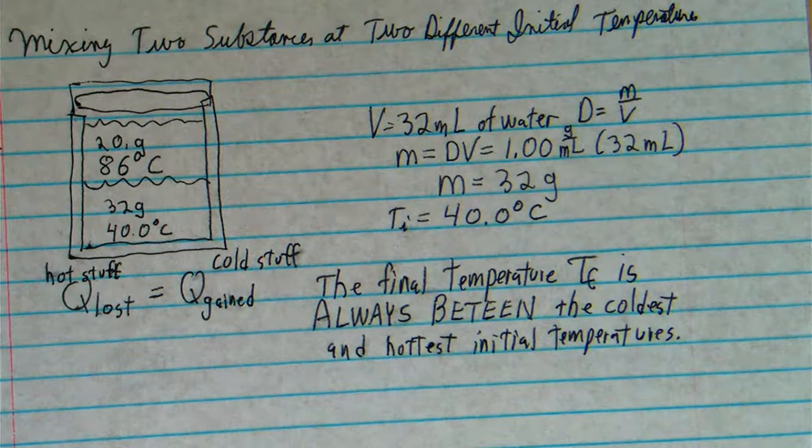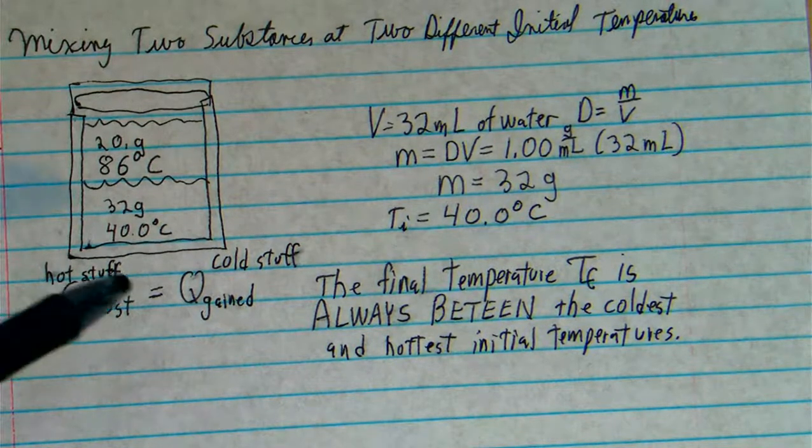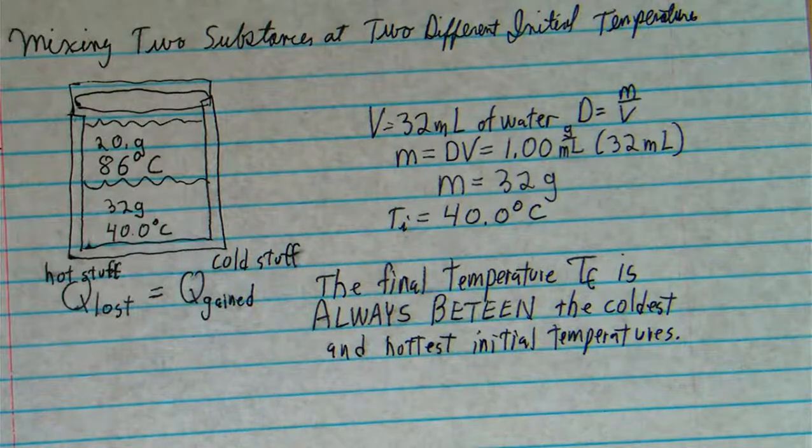There's only one special case where the temperature would always be halfway between the two, and that is only if it's the same substance in both cases and it's equal masses of the substances.